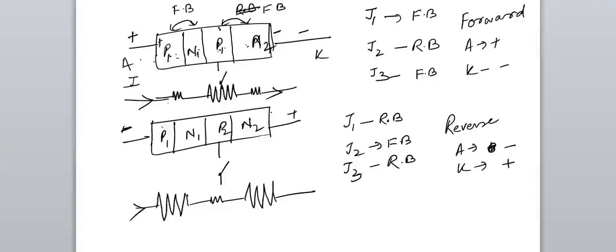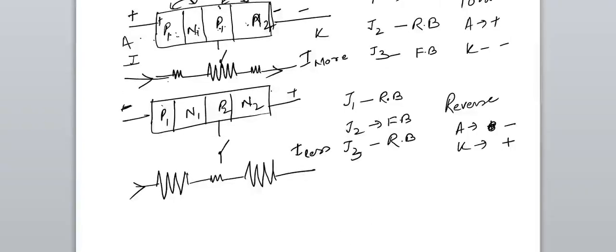So there will be more current in the forward zone and less current in the reverse zone, because a large amount of resistance is connected in series. That's why the current flows less. As per our characteristic drawing, you can see here.